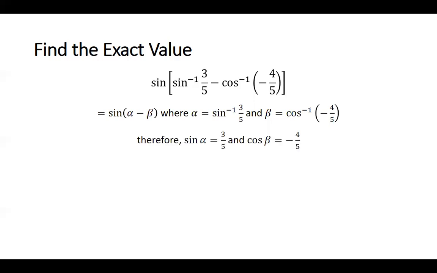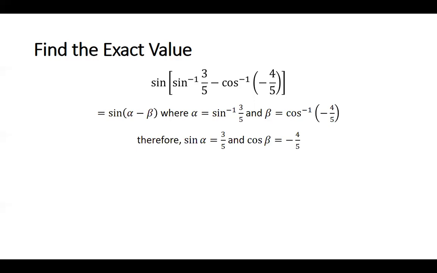Well, if the inverse sine of 3/5 is equal to alpha, then the sine of alpha must be equal to 3/5, right? We're taking the inverse sine of the trigonometric ratio and setting it equal to alpha. So the sine of alpha must be equal to that trigonometric ratio, 3/5. And cosine of beta must be -4/5.